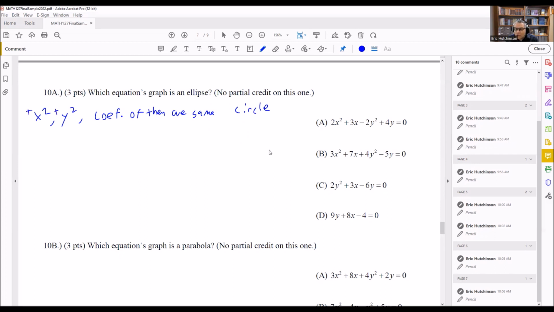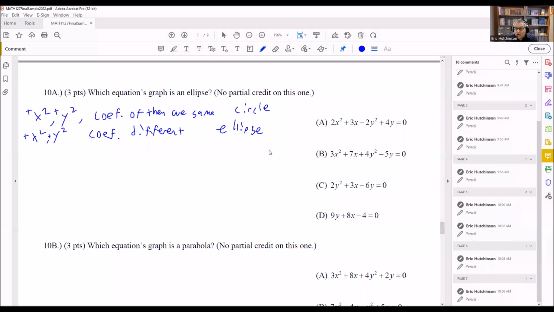Okay, now if you have x squared, y squared, both of them are positive, and the coefficients are different. Okay, so the coefficients are different. So if you have a 5 and a 7 or something like that, then what you have is an ellipse.